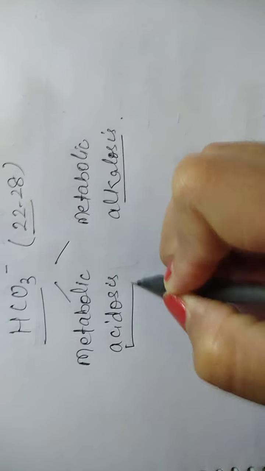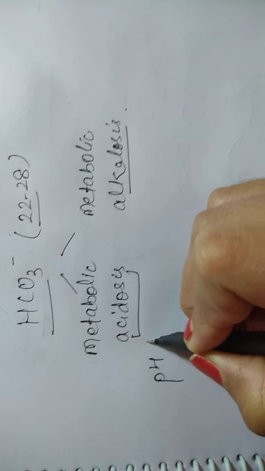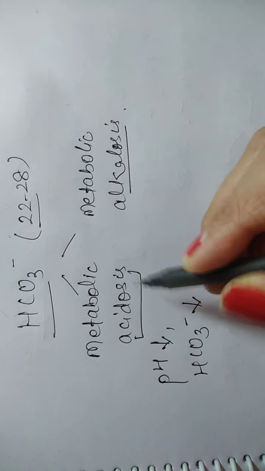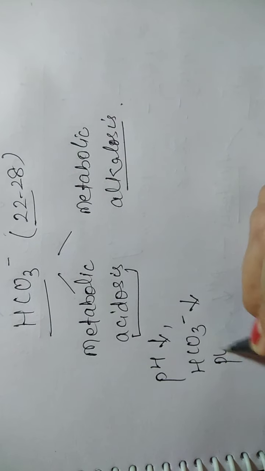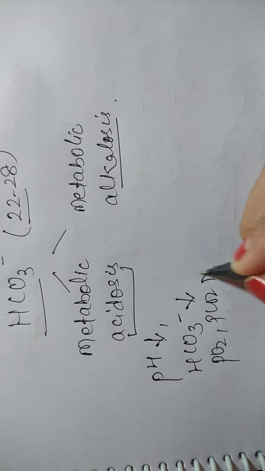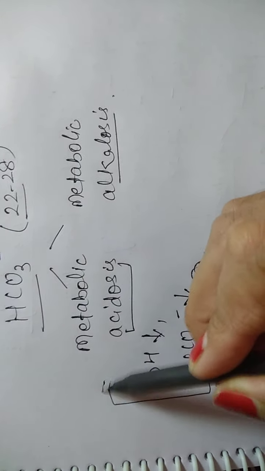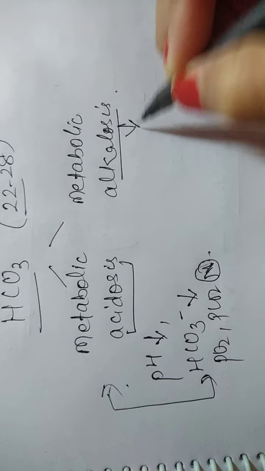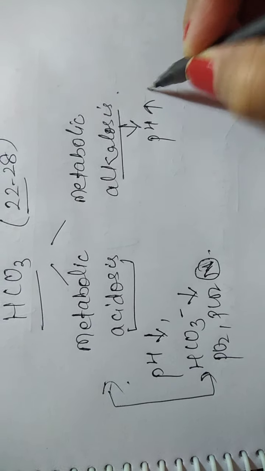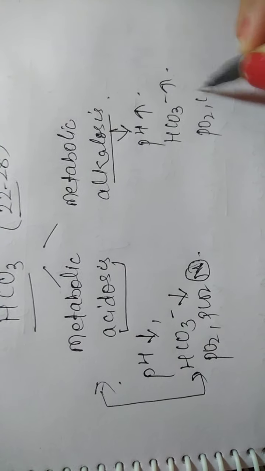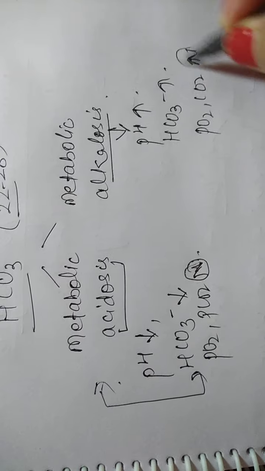If in acidosis the pH is decreased and the bicarbonate ion is also decreased, while the PO2 and PCO2 values are normal, that shows the person is having metabolic acidosis. In metabolic alkalosis, pH is increased, bicarbonate ion is also increased and PO2 and PCO2 values are normal. That shows the person is having metabolic alkalosis.